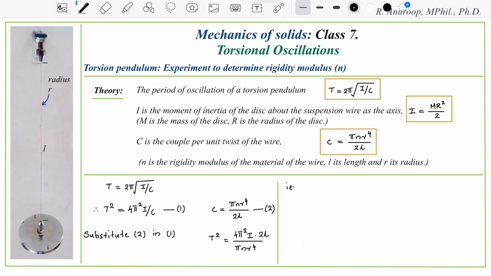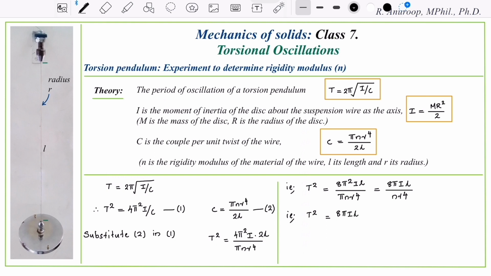That is T square is equal to 8 pi square IL divided by pi n r raised to 4. Pi and pi cancel. So T square becomes 8 pi IL divided by n r raised to 4.